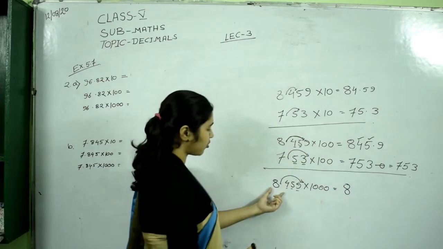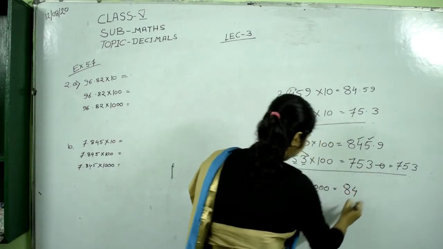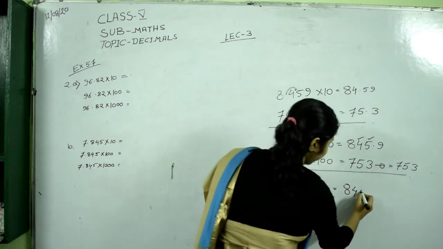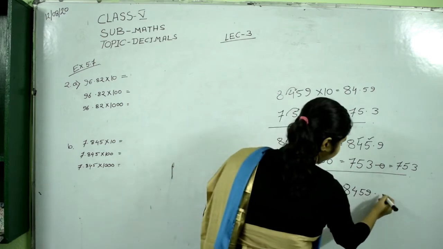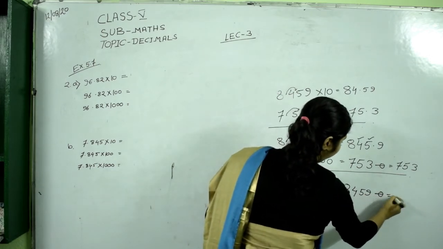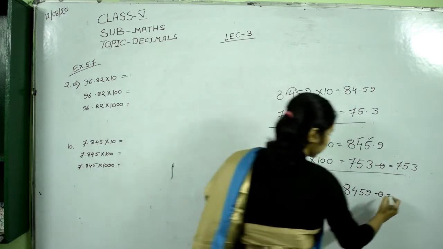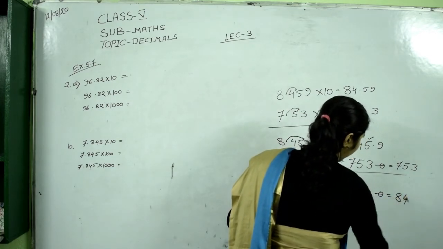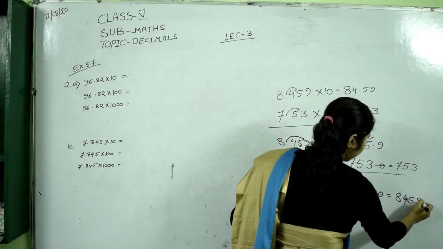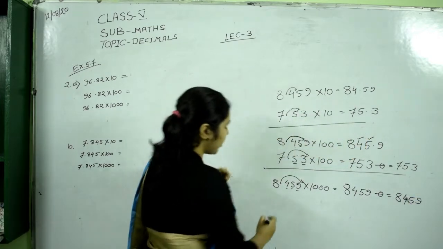So the product will be 8459.0, or write it as the whole number 8459.